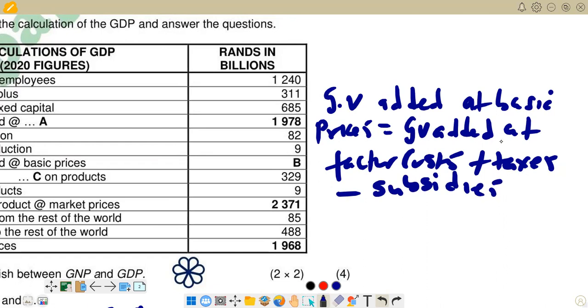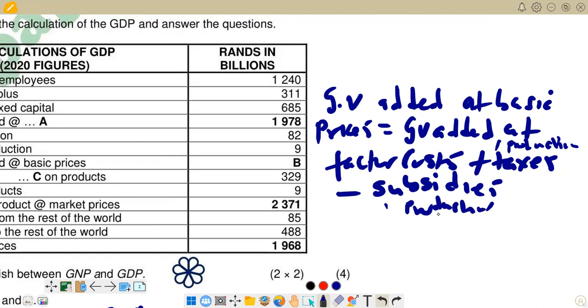These taxes are the taxes on production, and the subsidies are the subsidies that we have on production. So that is what we are going to do there.